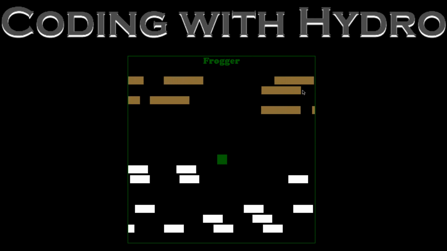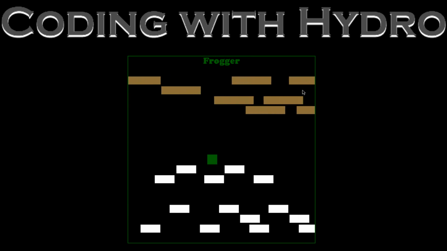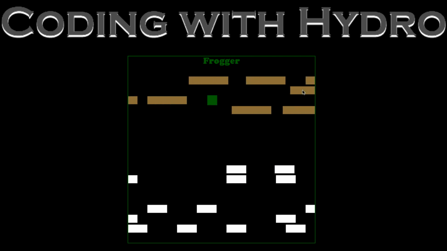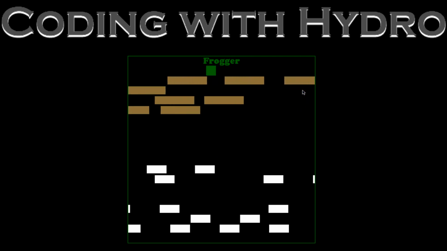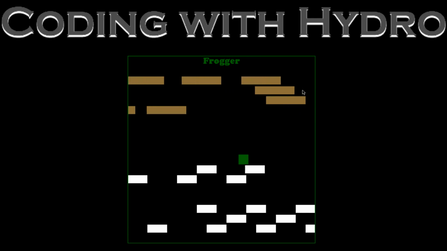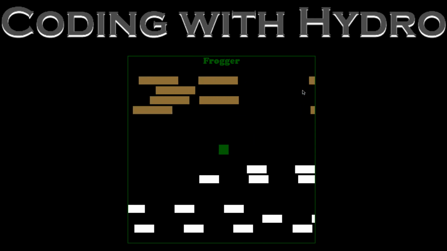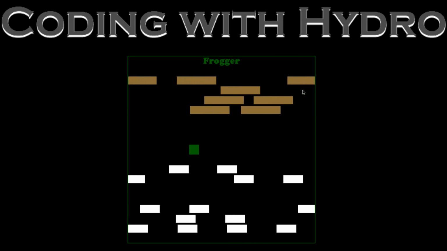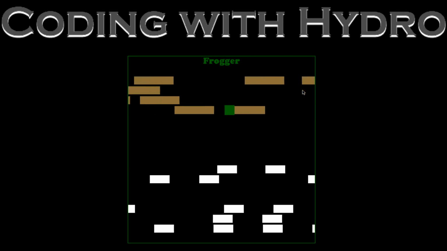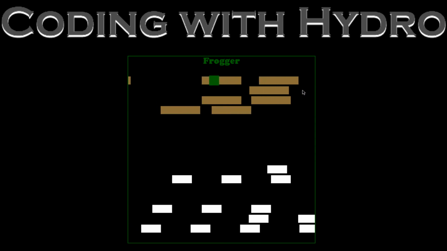Like if I reach this y coordinate, I get 100 points, and if I reach this y coordinate, I get 100 points plus whatever bonuses I might have gotten in this area. Or if I eat a fly, I get 10 points. There's tons of things I can still add, but the basis of Frogger is 100% done. I can play Frogger now.